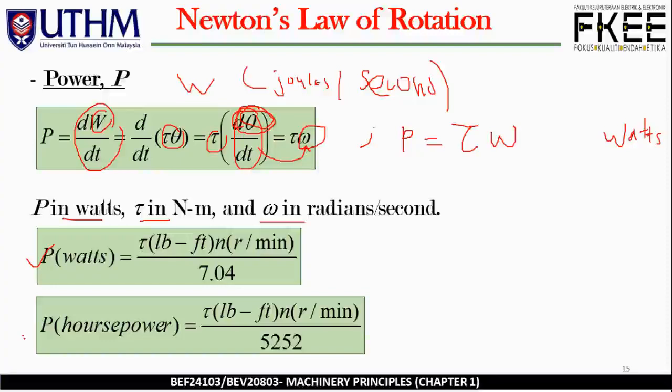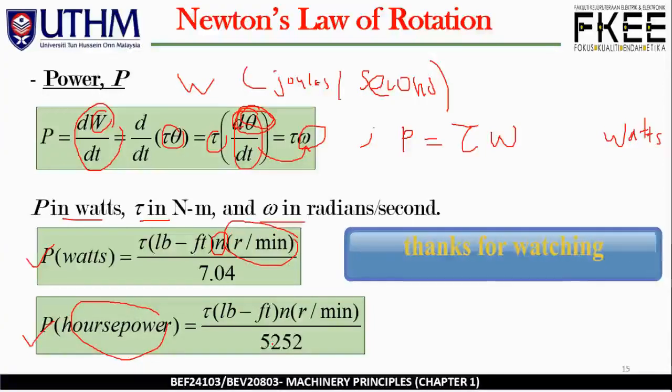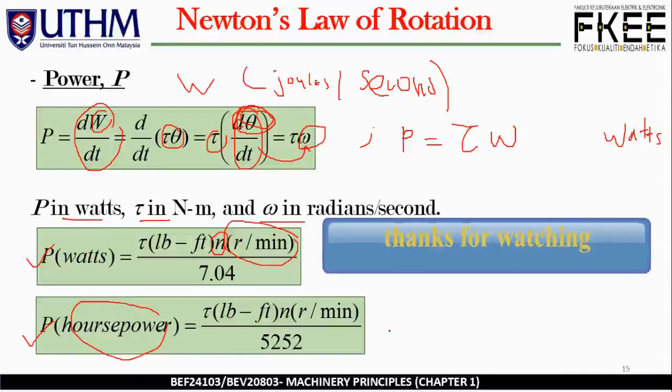In terms of horsepower, the N here is RPM, revolutions per minute, so this is how we do the conversion. If you want horsepower, you need the torque in pound feet times RPM over 5252.